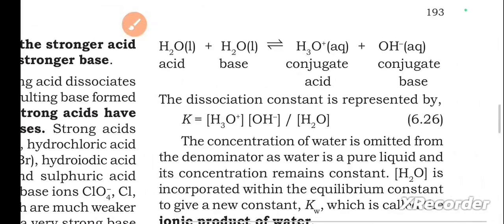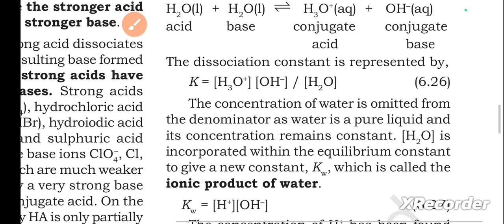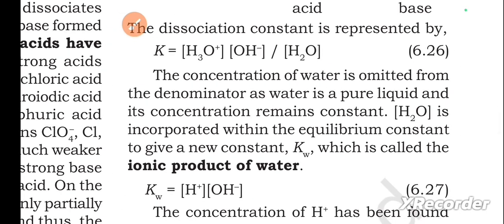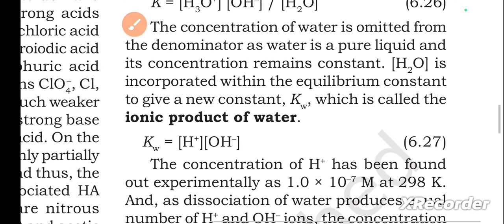The dissociation constant is represented by the following. The concentration of water is omitted from the denominator as water is a pure liquid and its concentration remains constant. It is incorporated within the equilibrium constant to give a new constant Kw, which is called the ionic product of water.